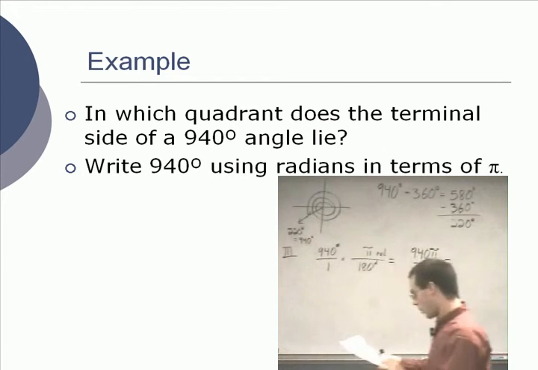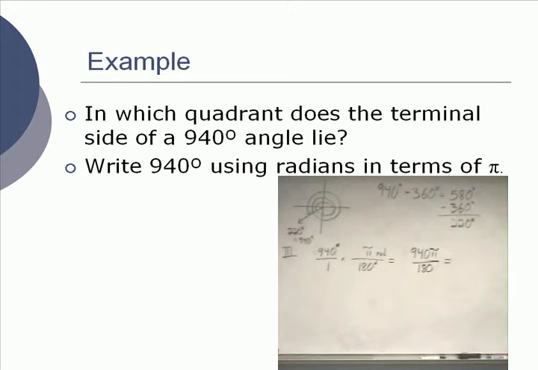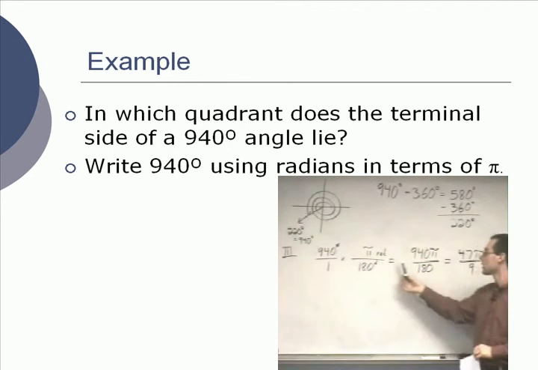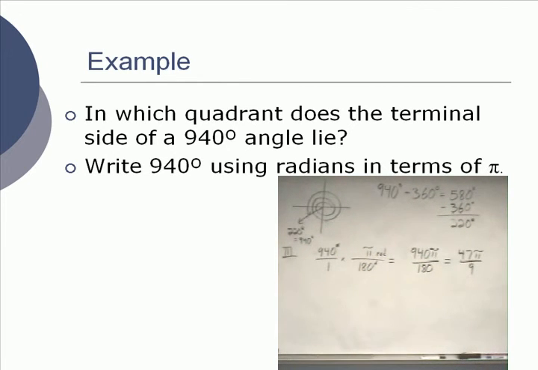What does 940 over 180 reduce to? 47 pi over 9. They both reduce by 20. Could we say that this is the same as 220 degrees and convert it over? On the Cartesian plane, yes, they'd be the same thing, right? But that one directly is 47 pi over 9. Okay, so we can go into a fractional radian.